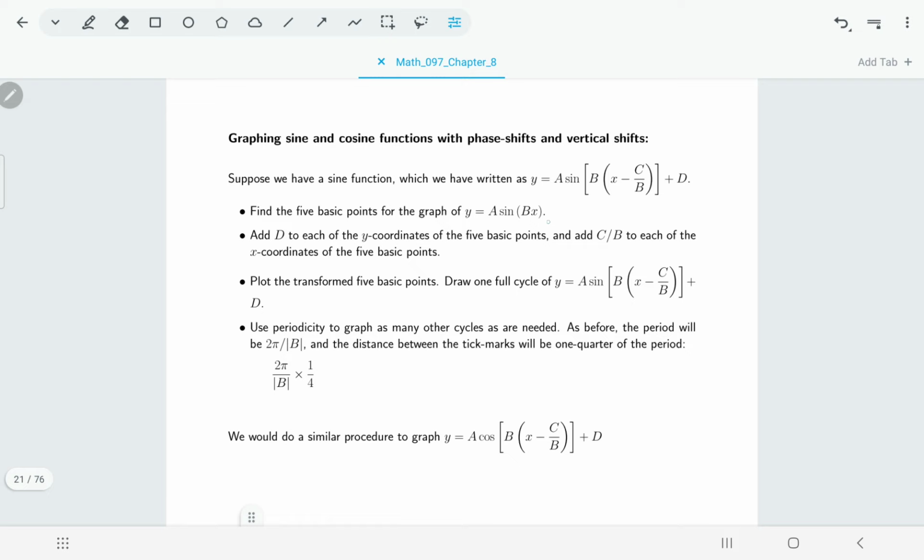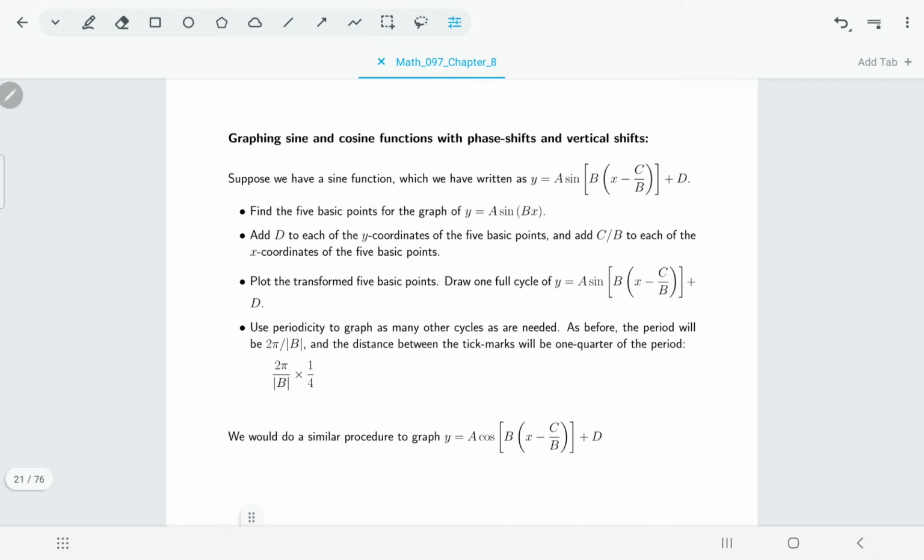Figure out what are the 5 points for our stretched graph. Then once we've done that, we then move on to doing our horizontal transformations and vertical transformations, adding on the phase shift to all the x coordinates, adding on the vertical shift to all the y coordinates, and then there we go. We've now got our completely transformed 5 points.